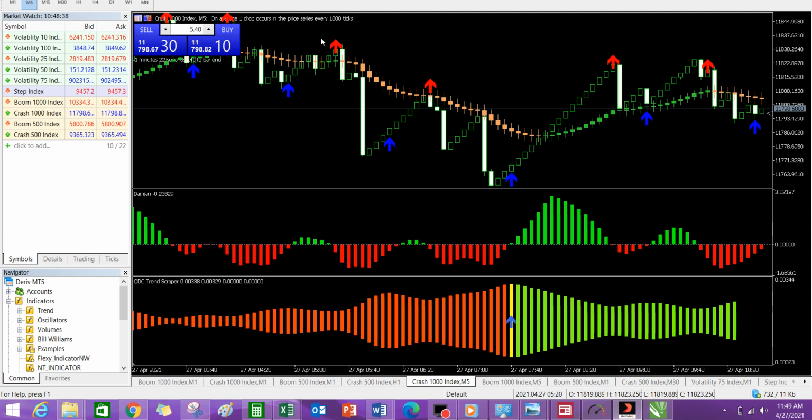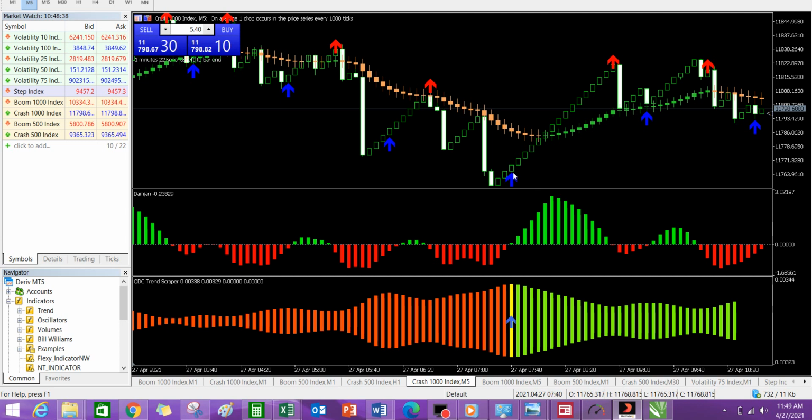It will definitely come back to profit at the end of the day. That is why you need to make sure you choose the signal that supports the trend of the market. So let's see if this really works out for us.